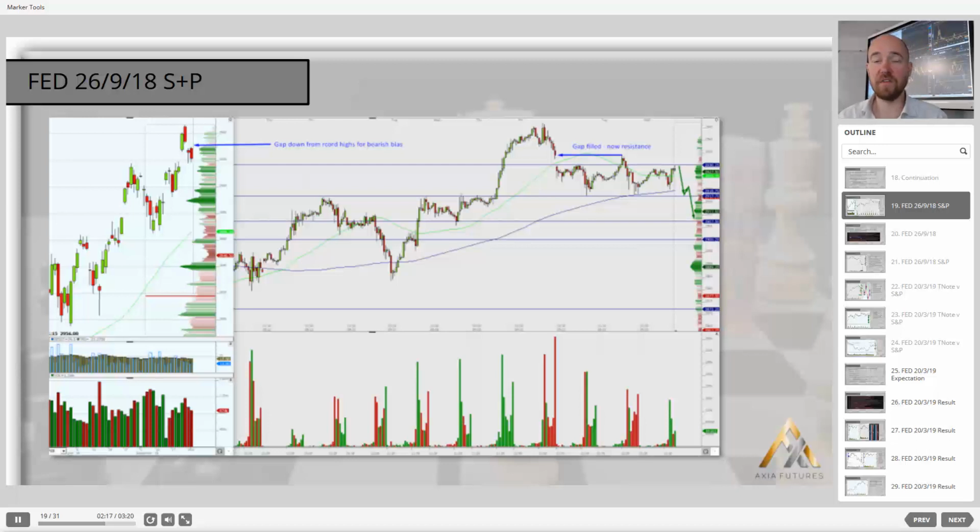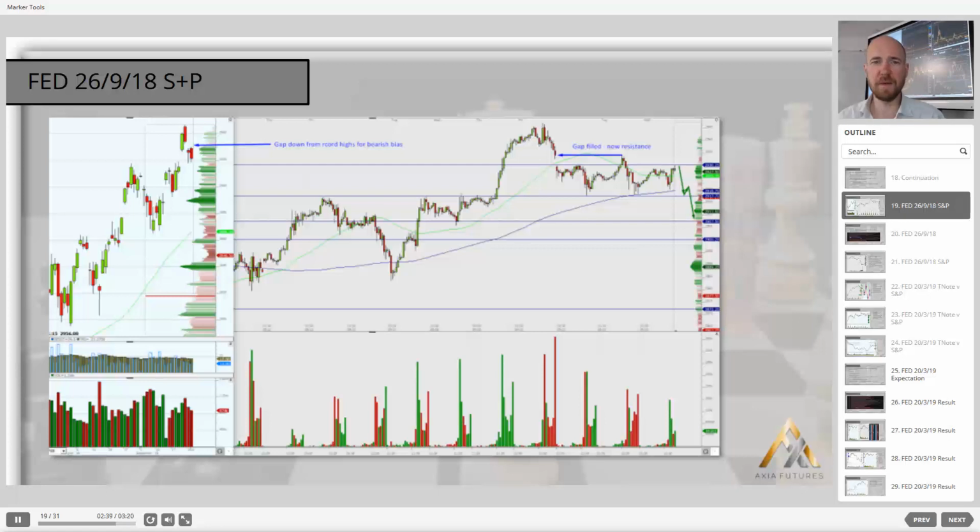Execution wise, you're either going to be looking for passive entries as the market rises, or alternatively you could be looking for a more aggressive breakout entry as we move back through the bottom of the 29.17 range, and then targeting a larger move down towards 29.07.